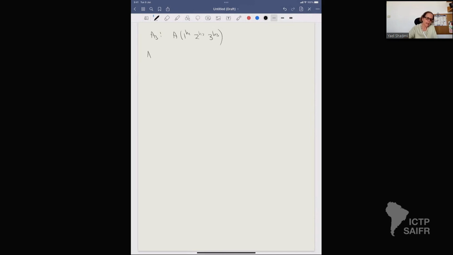Now, for example, I can imagine that this A is given by C, some constant, times ⟨1 2⟩ to some power n12, ⟨1 3⟩ to some power n13, ⟨2 3⟩ to some power n23. That's going to be one possibility. Here I assume that it's in all angle kinematics. I could also imagine that it's in all square kinematics. We'll come back to that in a second.